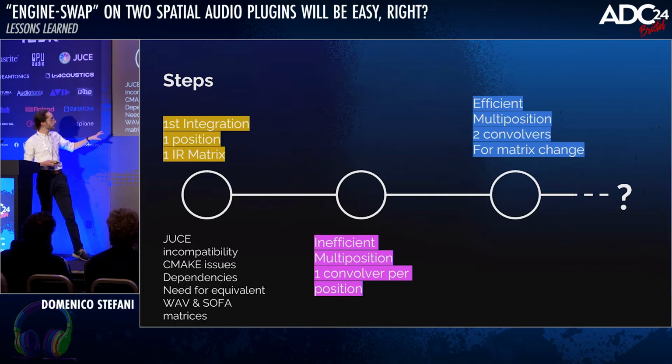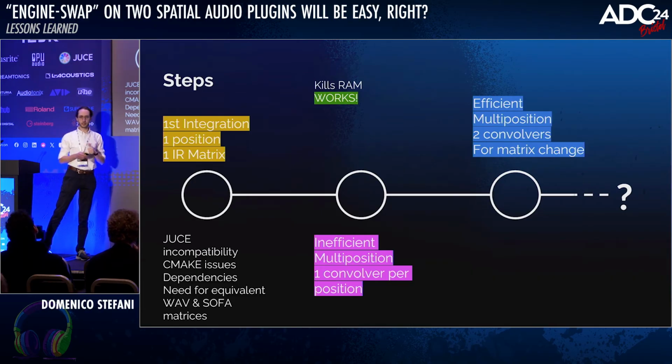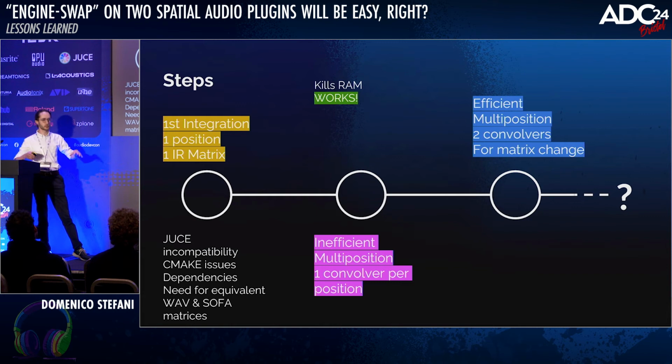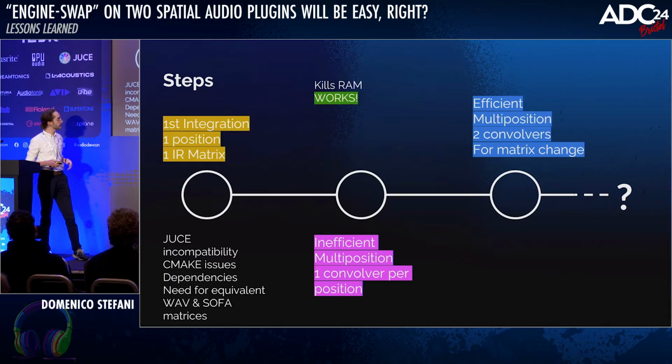But when this was working, I switched to multi-position, one convolver per position, and it worked amazingly. It killed RAM because I had many convolvers with many partitions each loaded in RAM at any time, and I decided to load the biggest SOFA file, so it took 10 minutes to load, but then everything was working.